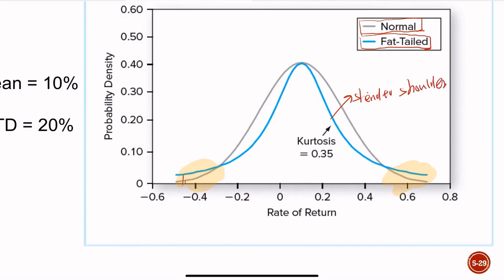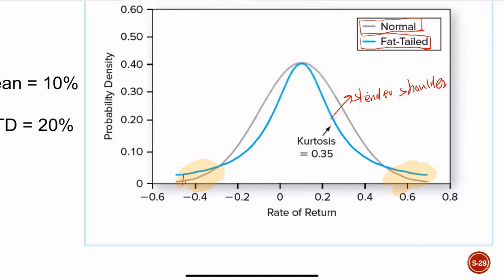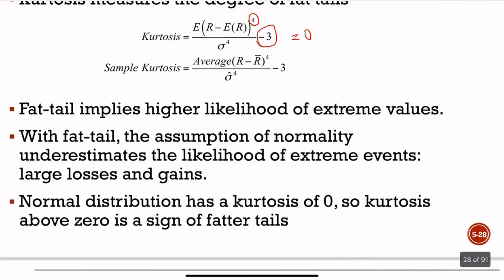The reason is because the mass from the probability distribution gets shifted to the tail. So that's why this blue-lined probability density has a fat tail.